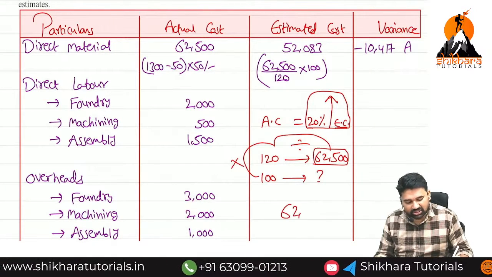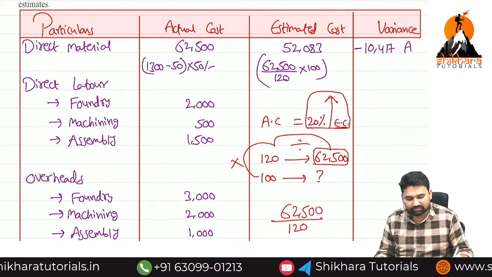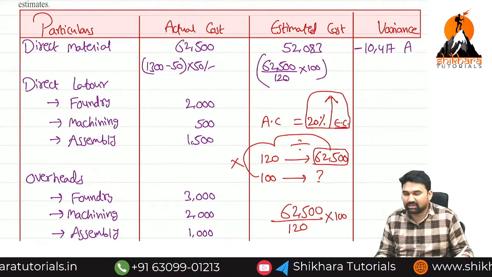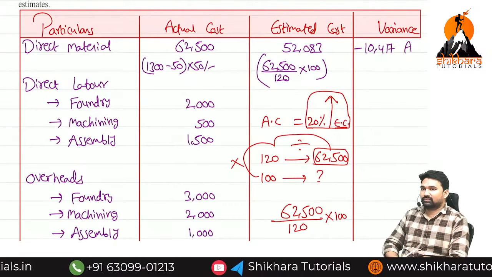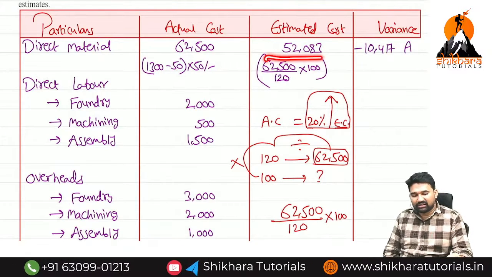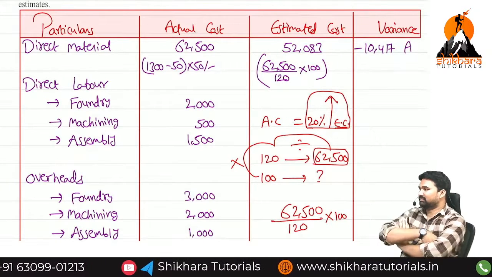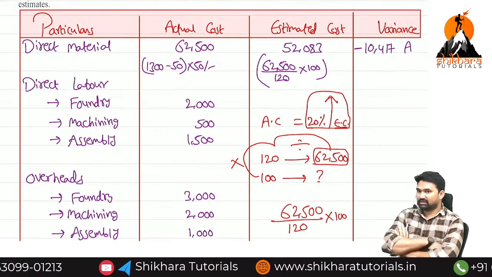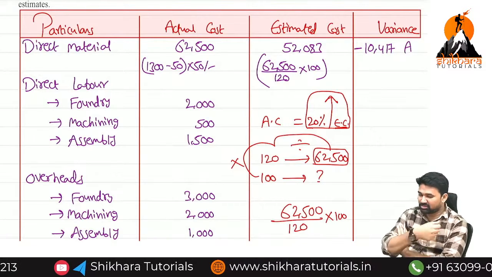So 62,500 divided by how much? 120 into 100. Tell me the answer. 52,083.3. Is it clear for everybody? Do you really understand how 52,083 has arrived?